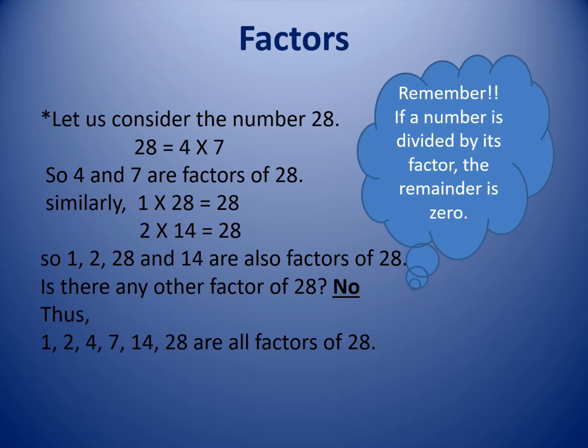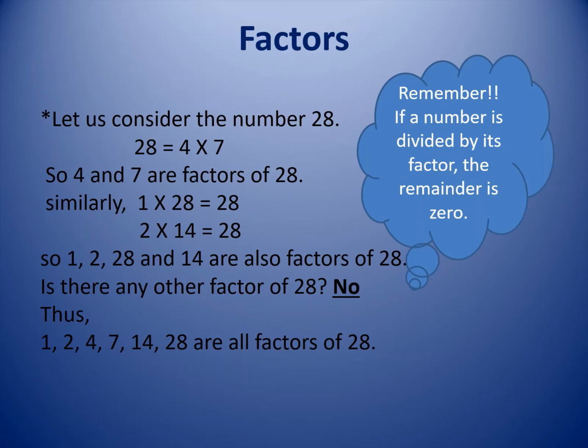28 comes in the table of 4, that is 4 into 7 is equal to 28. So 4 and 7 are factors of 28. Is this clear? Yes. Similarly, 1 multiplied by 28 is equal to 28. 1 and 28 are the factors.